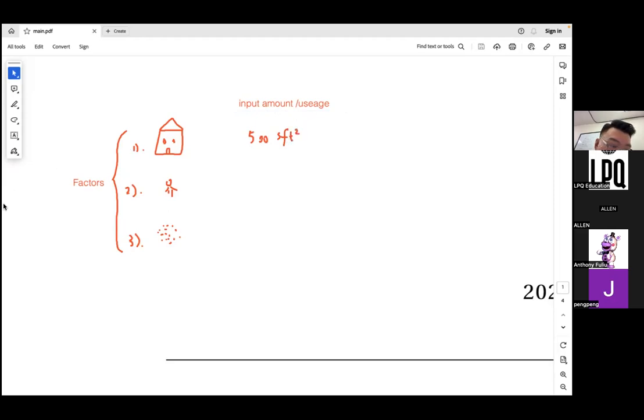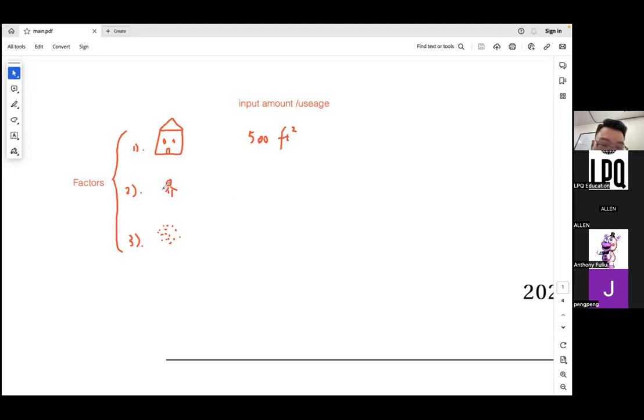This is my so-called input amount of the first production factor, which is the building.